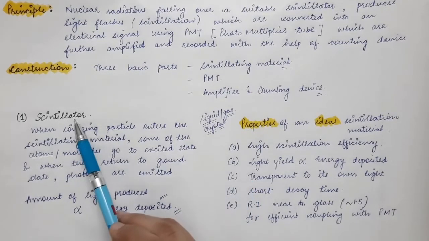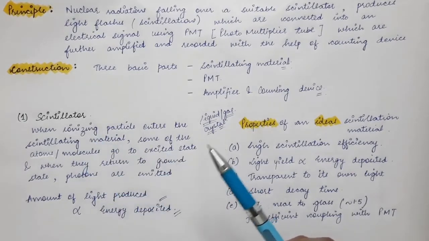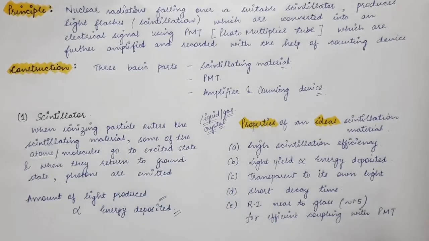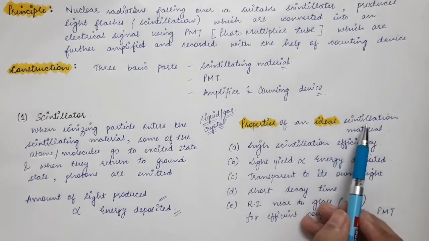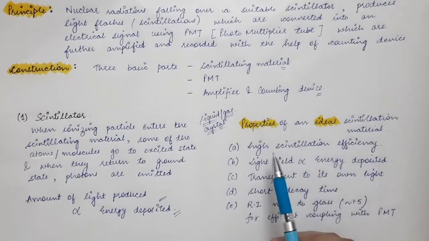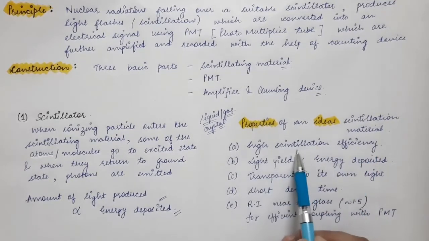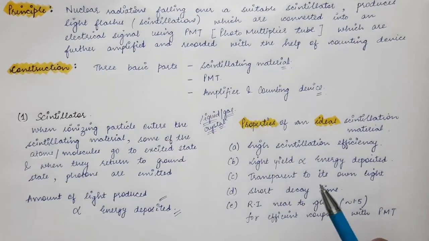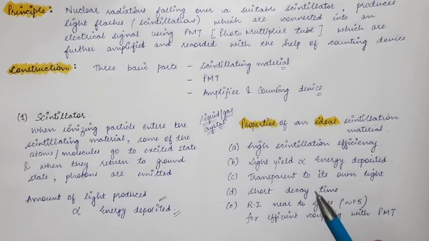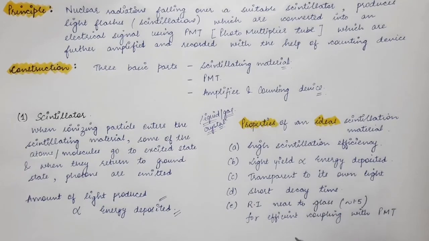But in the case of a scintillator, we want more energy to be released in the form of light flashes. So the first property of the ideal scintillation material is high scintillation efficiency: more light pulses must be produced in comparison to other forms of energy.